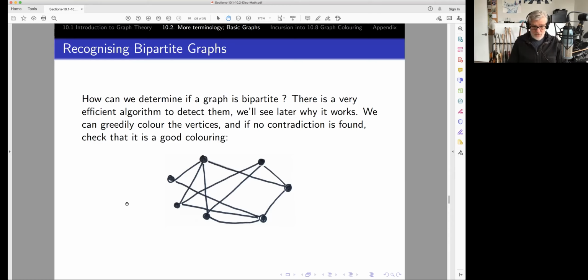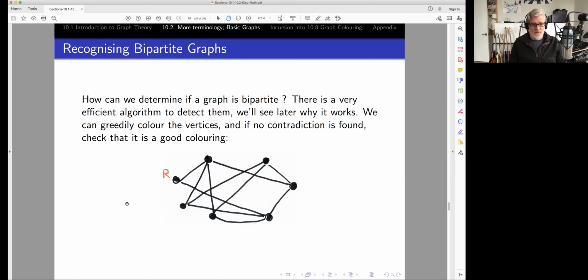So what I can try to do is to actually do the coloring. And so let's say this vertex is colored red. I just grab one of the vertices. The actual color is irrelevant, but it'll have to get a color. So let's say it's red.